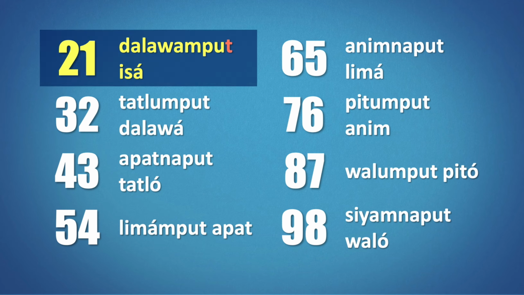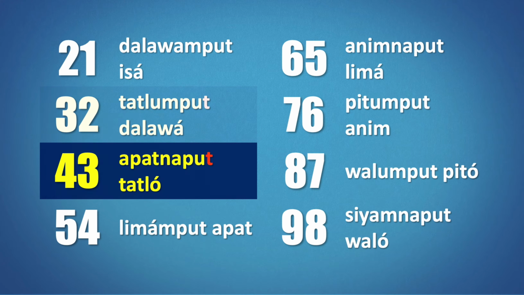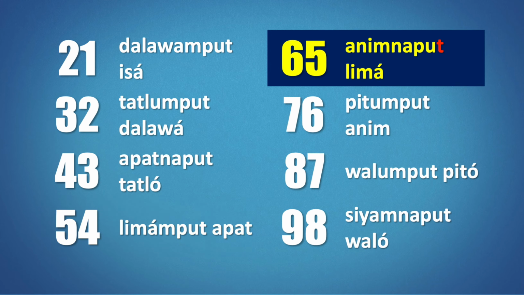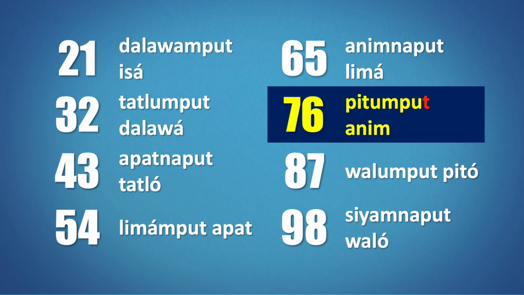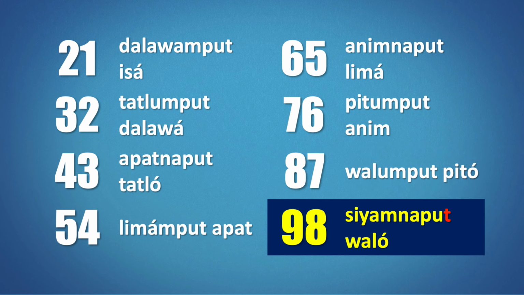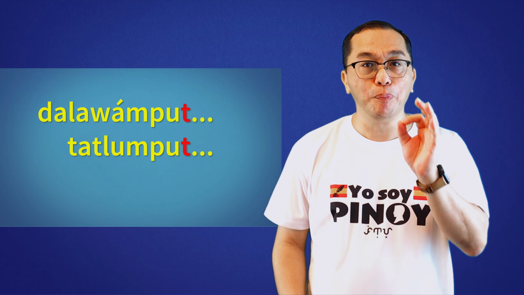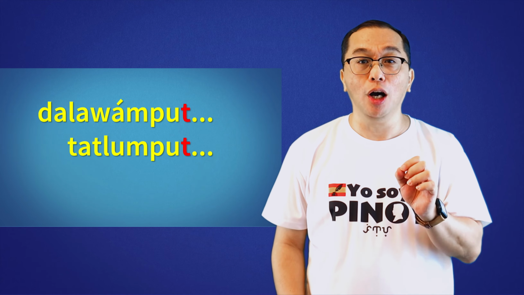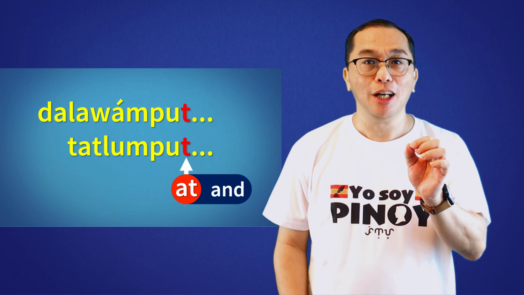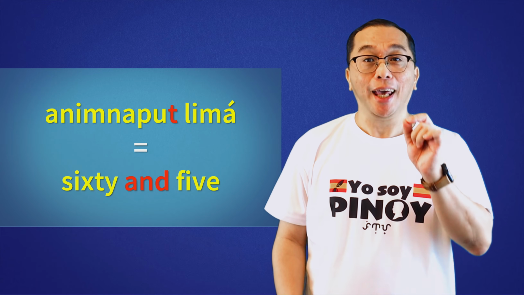Let's see. 21, 32, 43, 64, 65, 76, 87. The t at the end of the tens number like 20, 30, and so on is the contraction of the word at, meaning and. So, 65 is 60 and 5.